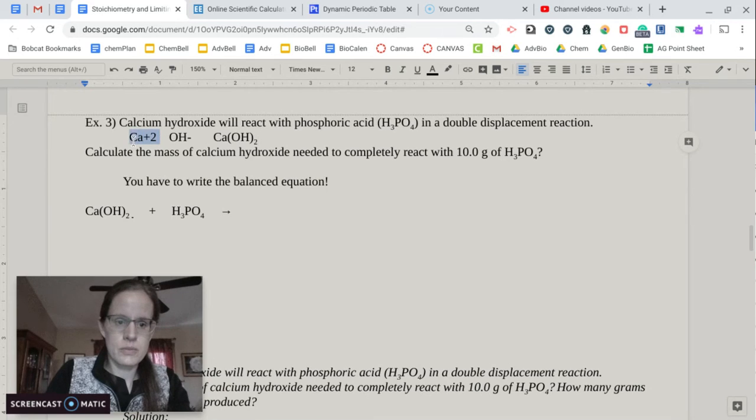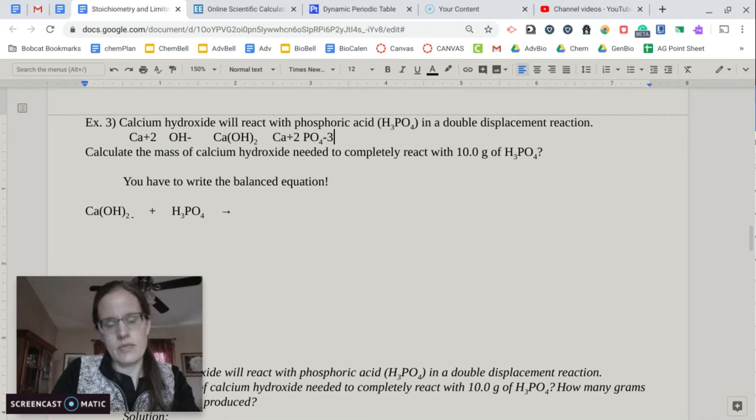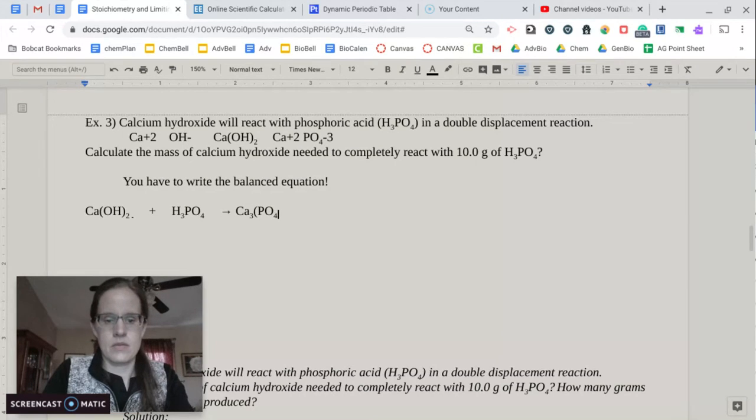Ca is +2. Phosphate, you have to look up on your polyatomic ion chart if you don't remember what it is. It's PO4, and then it's a -3 charge, and then you got to crisscross. So it'll be Ca, and then do your 3, and then PO4 in parentheses. And then cross your 2.